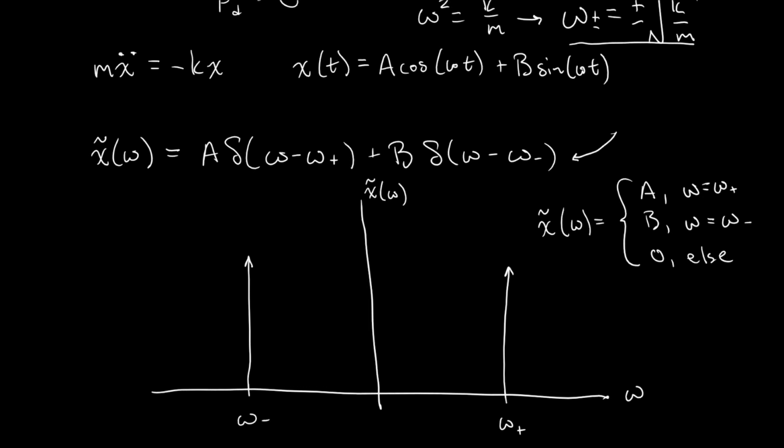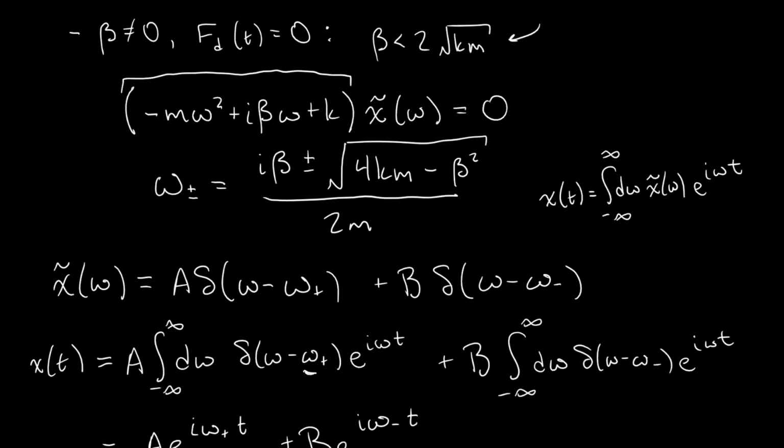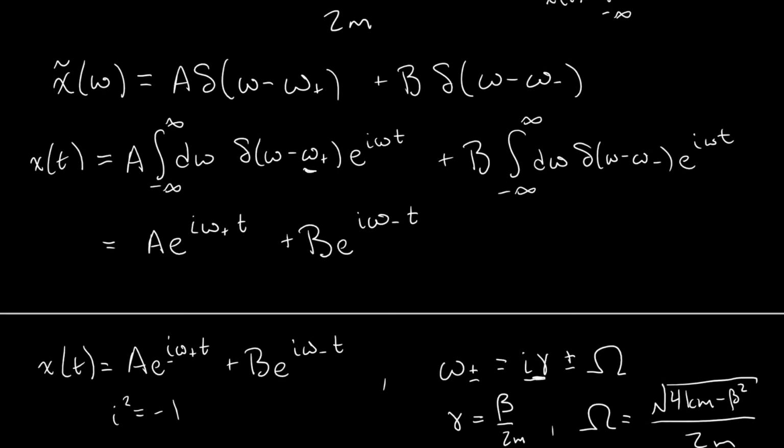And here's another way of looking at it: you could just go backwards. We know the solution already. We know that the solution is going to look like this, right? Which we could find by just solving the differential equation. And so we could work backwards and say, okay, I know the Fourier transform of this is just delta functions. So that's not as satisfying of an answer, and I fully recognize that.